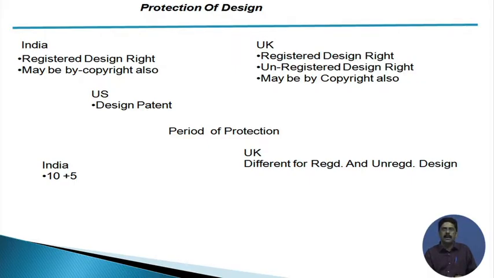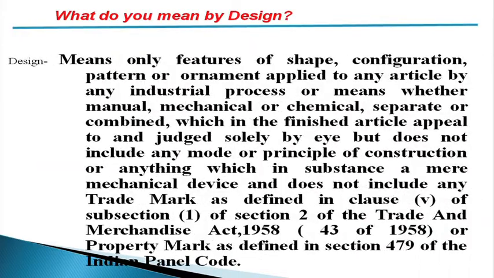For unregistered design right, definitely there is no specific period of protection because there is no statutory right. That part is within the purview of the UK. In India we do not have any unregistered design rights. So, protection of design is by virtue of registered design rights. Now let us go in depth a little bit on the legal part of industrial designs.